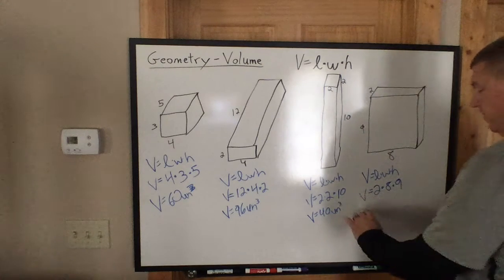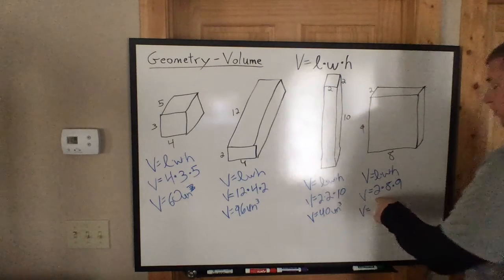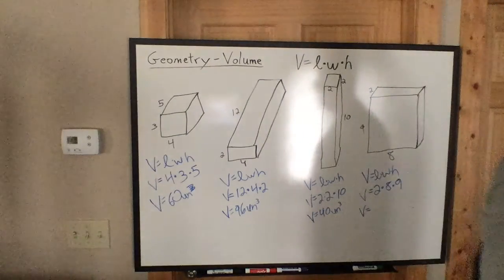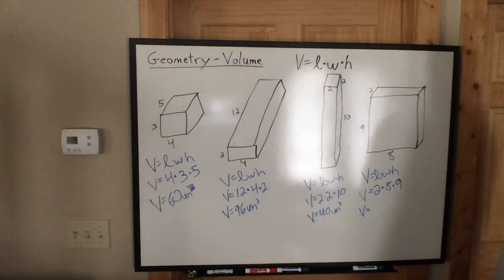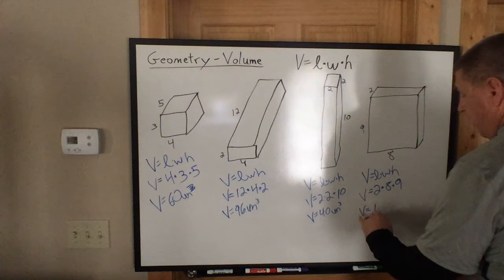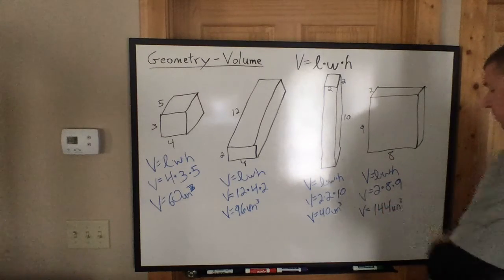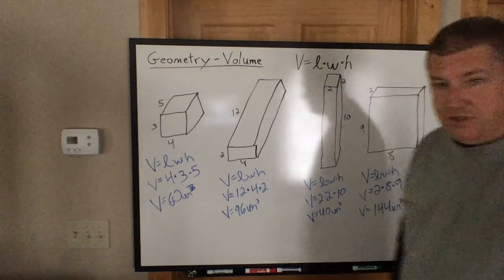That gives me my volume. So my volume equals 2 times 8, which is 16, and 16 times 9 is going to give me 144 units cubed. And again, three-dimensional units.